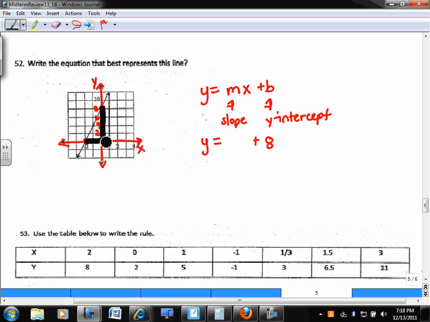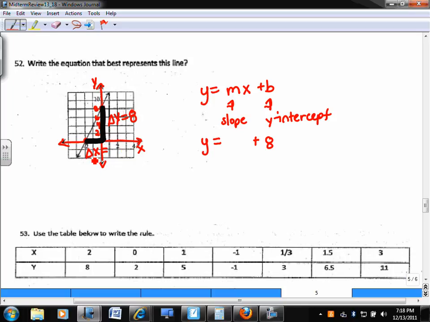So let's use a different color so it's easier to see. We're going to count our rise over run. So our delta y, our rise, is 2, 4, 6, 8. And for our delta x, is our scale the same? I go from 2 to 4. No, our scale is not the same.